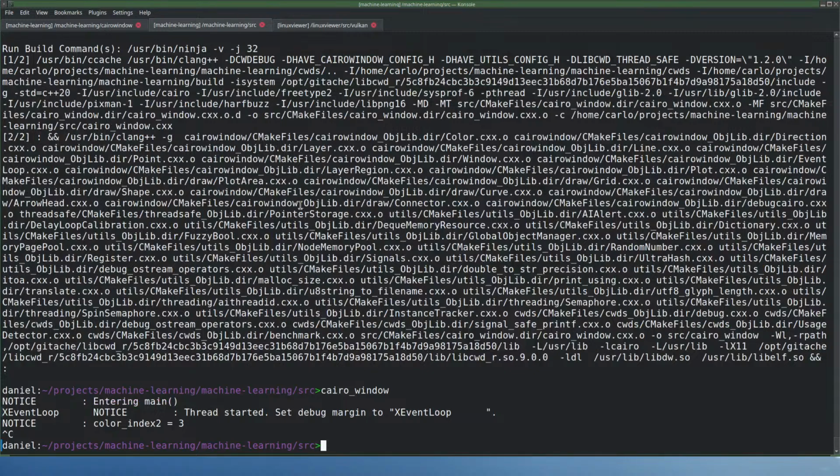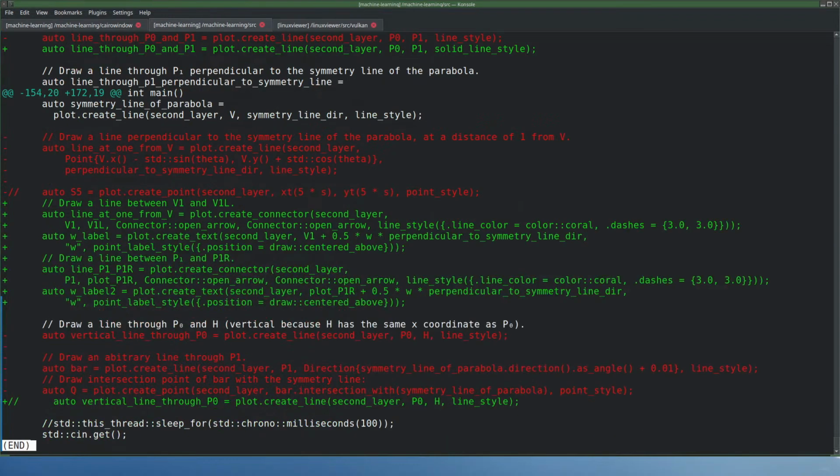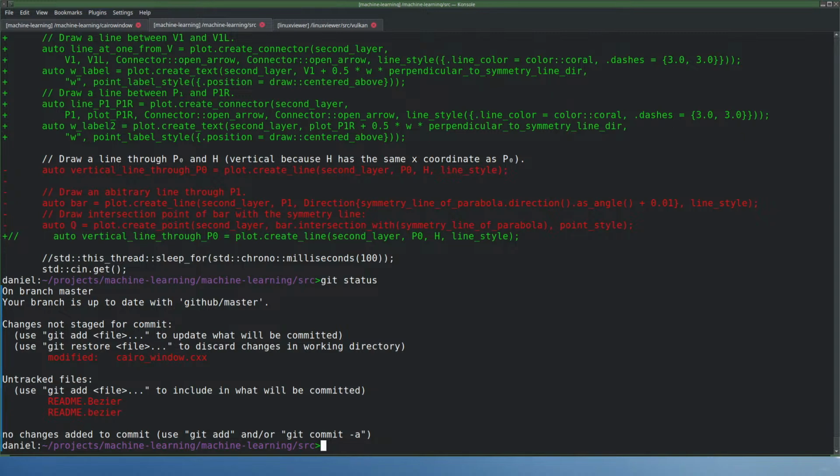Now, okay, enough play. Git diff stuff and status. It's about time to add this to the repository in this README. I guess it is. Means I have to have a look at it.